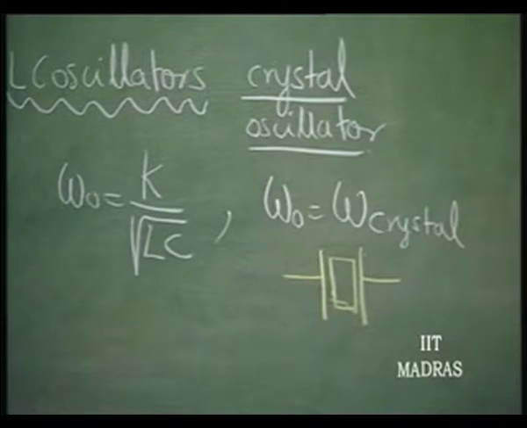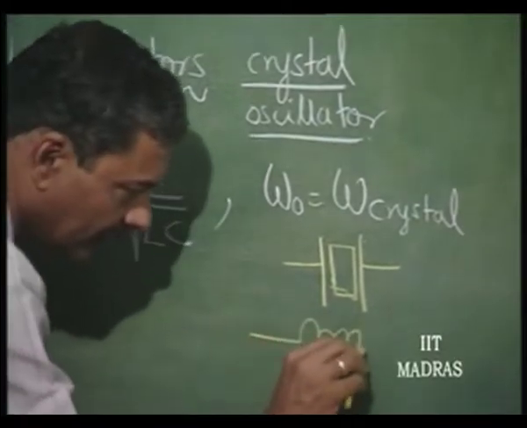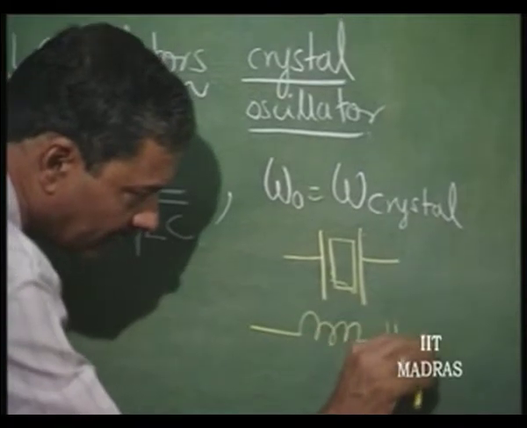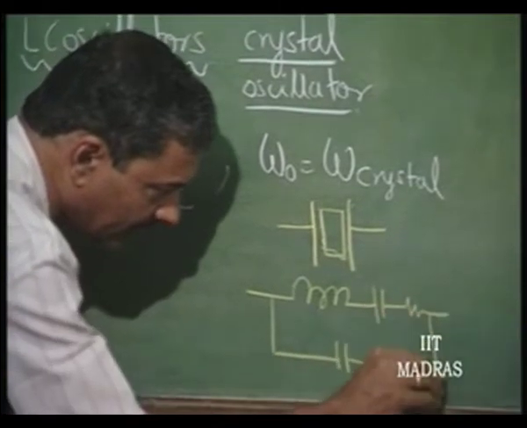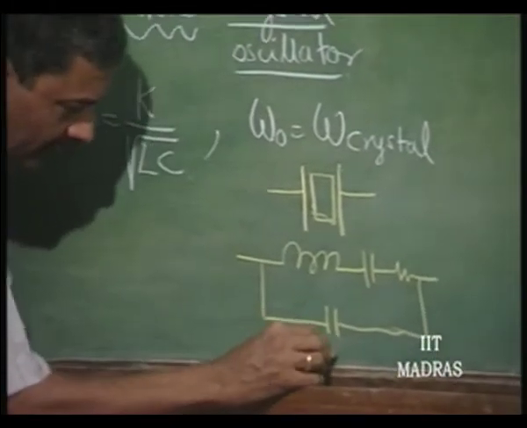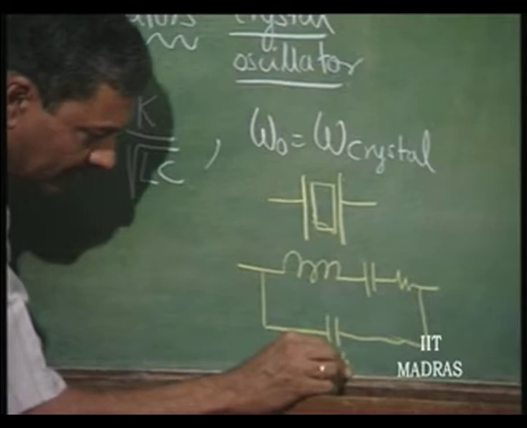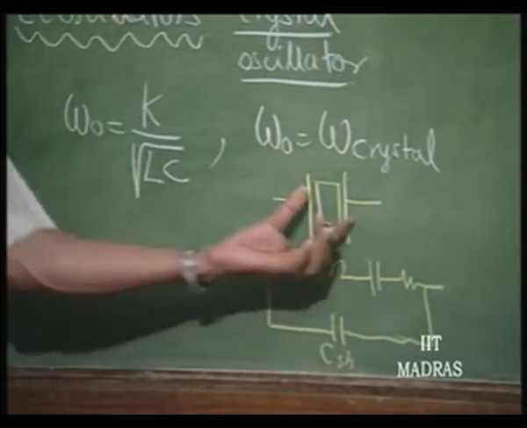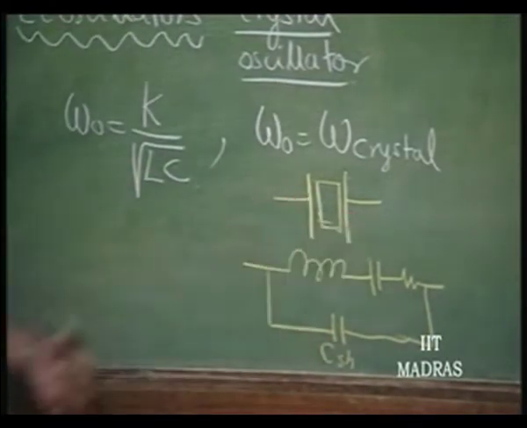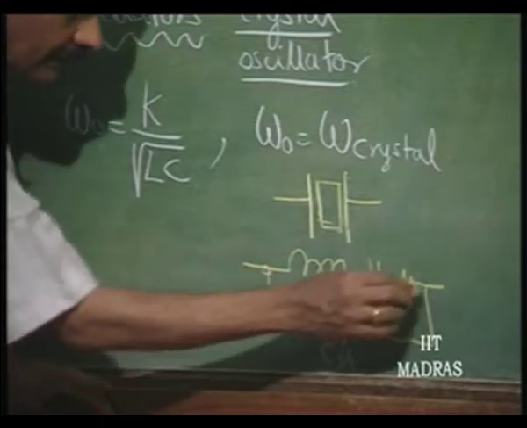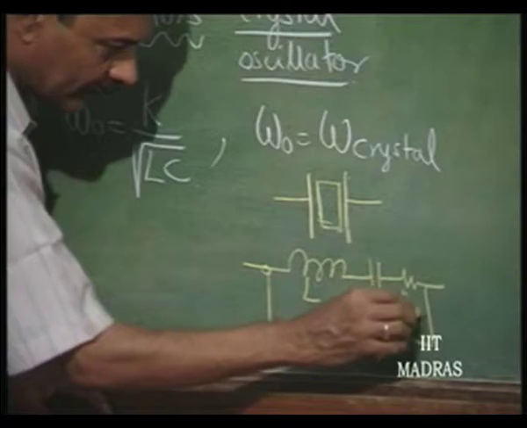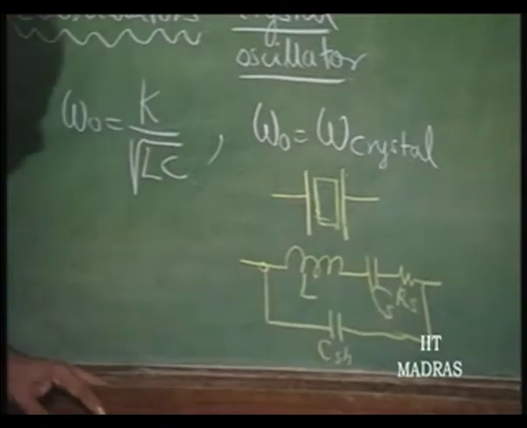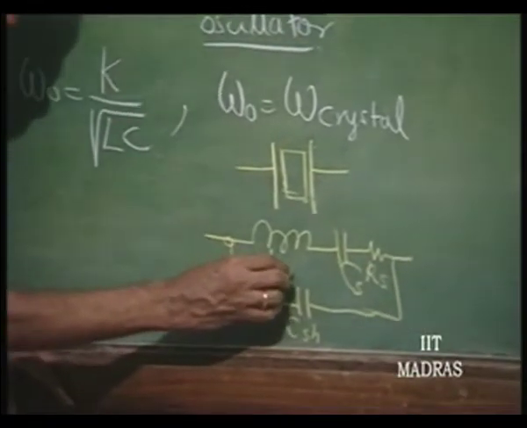So this crystal has an inductor in series with the capacitor and a small resistance, and then a shunt, which is the electrode capacitance here, and also the stray capacitance. It has a series resistance and a series capacitance and an inductance.